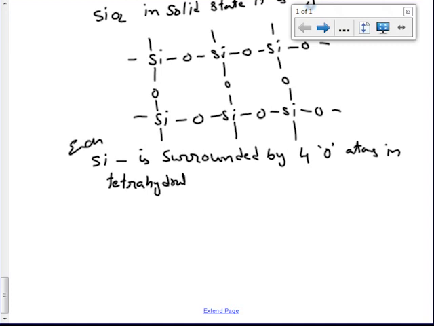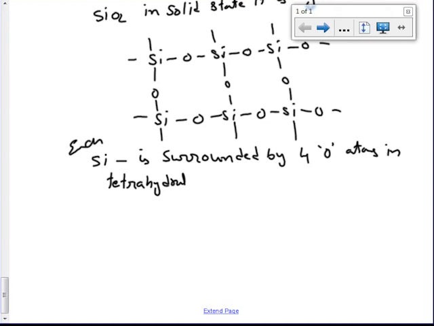Tetrahedral shape. So each silicon is surrounded by 4 other oxygen atoms. Like carbon dioxide, we cannot say it is Si double bond O double bond O. Wrong. It is a giant molecular three-dimensional structure, a big structure.